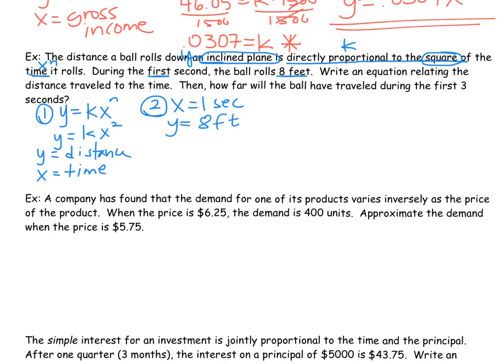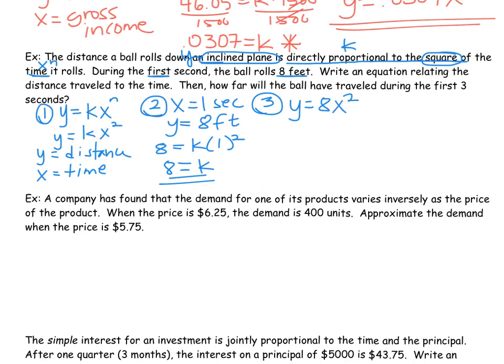Okay, if we plug that into what we know, we've got 8 equals k times 1 squared. Well, 1 squared is just 1, so that means k equals 8. How easy was that? Plug that back in. y equals 8 times x squared. And there's your variation model.